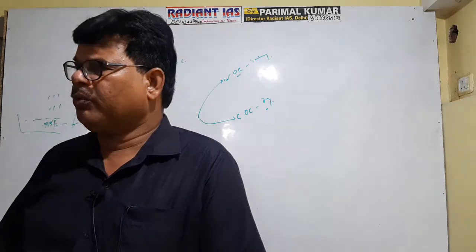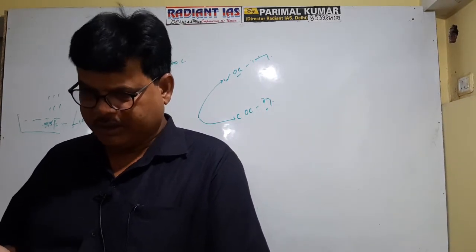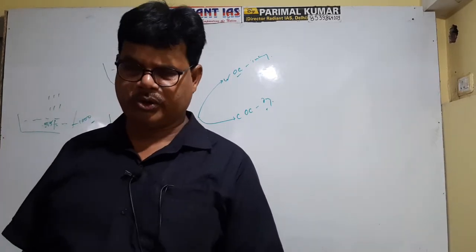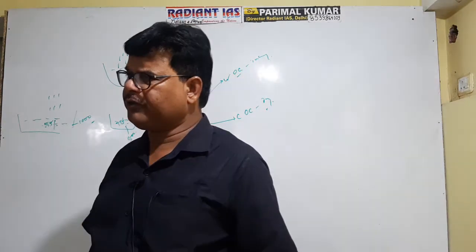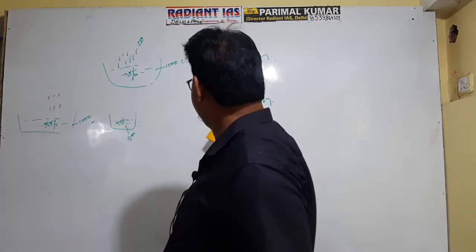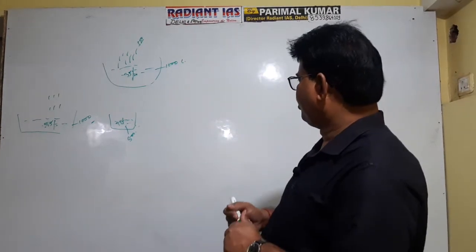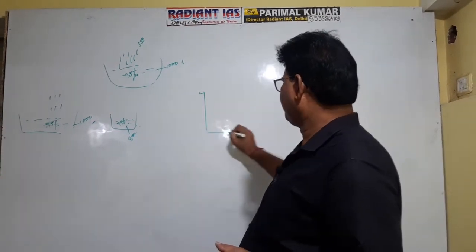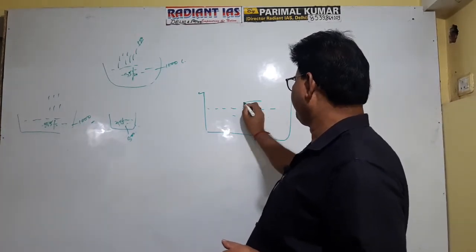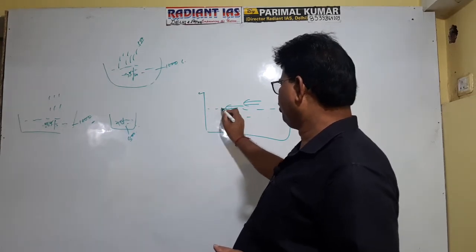So one factor is temperature, second is precipitation, third factor we studied is the nature of the oceanic current. Fourth factor is the impact of the prevailing wind. Suppose this is oceanic water and wind is blowing in this way, then it will cause the oceanic water to move in this direction.